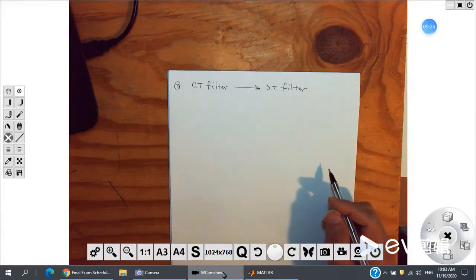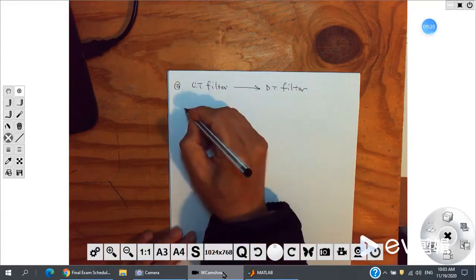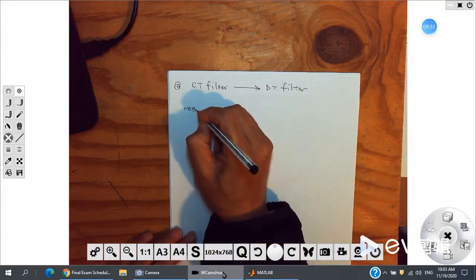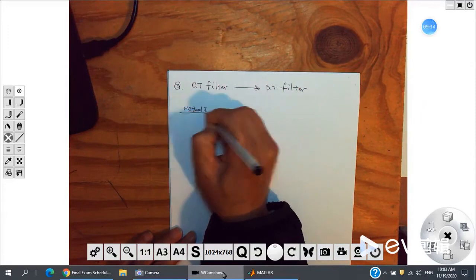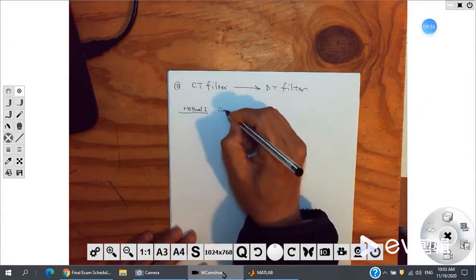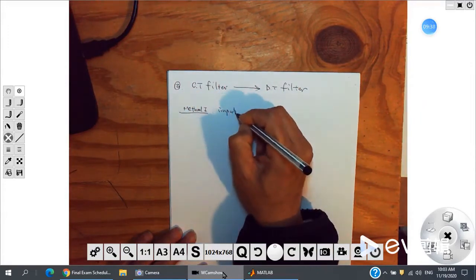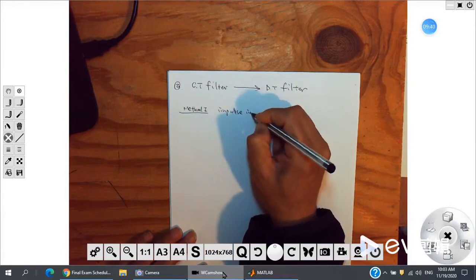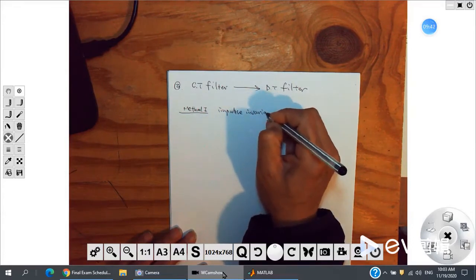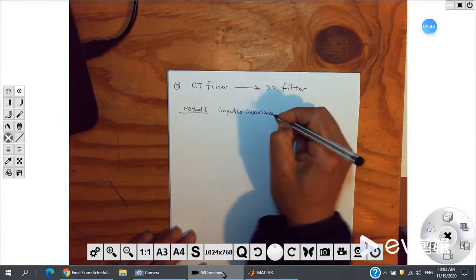To do this, we still have several methods. This is method 1: the impulse invariance method.